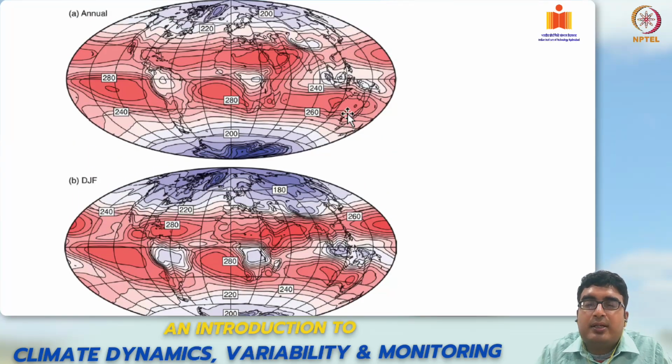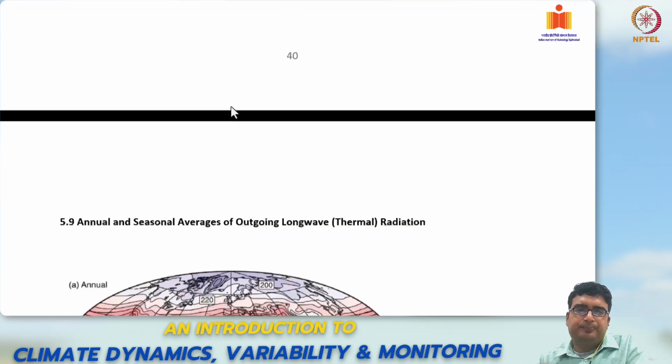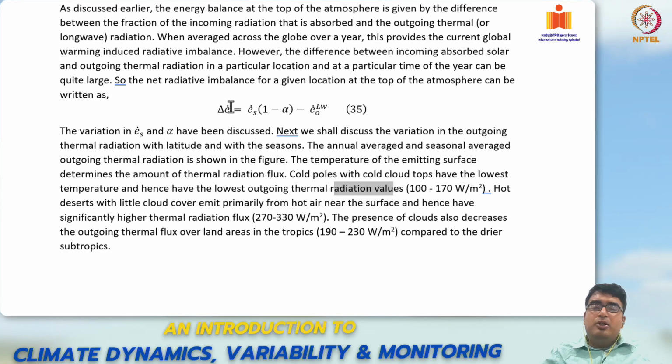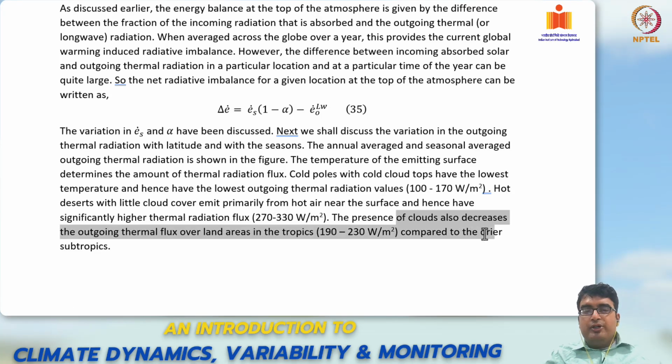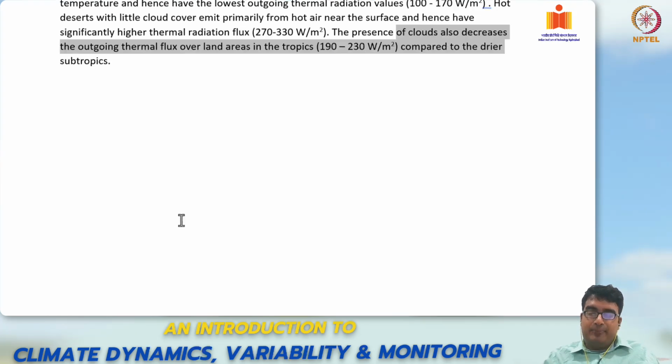Because these clouds are colder than the hot surface of the deserts, these have relatively low outgoing thermal radiation. So the presence of clouds also decreases the outgoing thermal flux over land areas in the tropics, over the rainforest, compared to the drier subtropics.